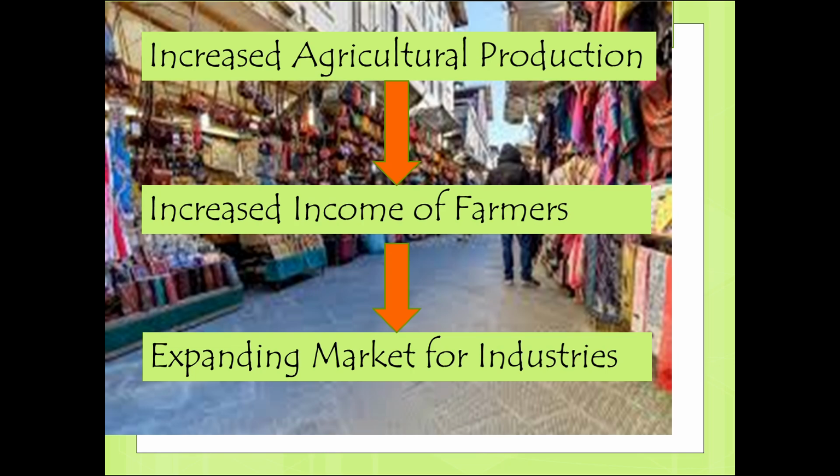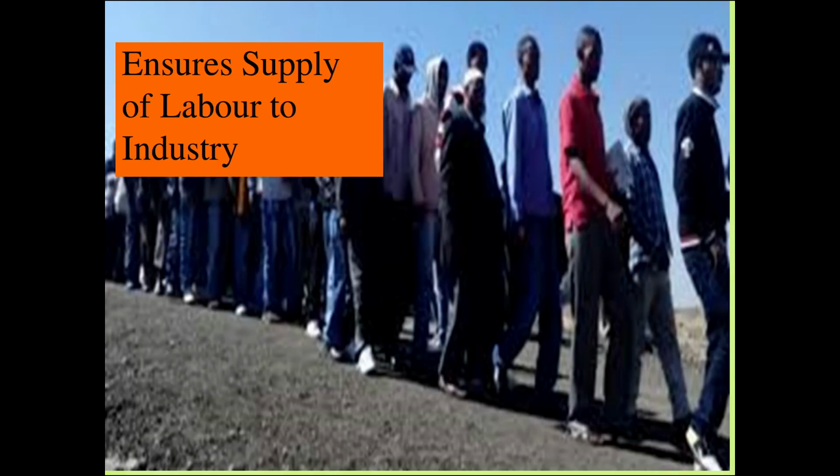Next, when there is increased agricultural production, it leads to increased income for the farmers. When the income of the farmers expands, it leads to more marketing of industrial commodities. Why? Because industries can ensure their market only with the help of agricultural development.